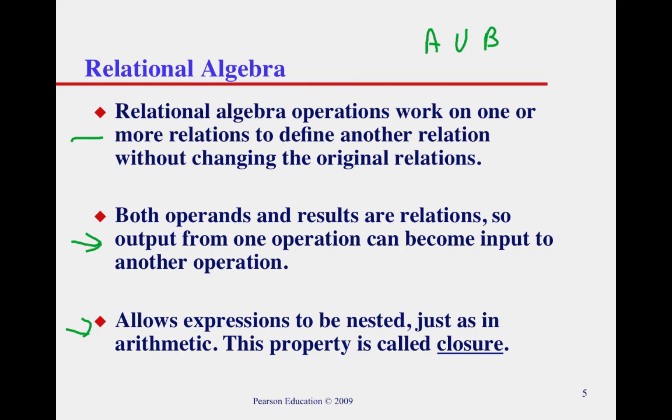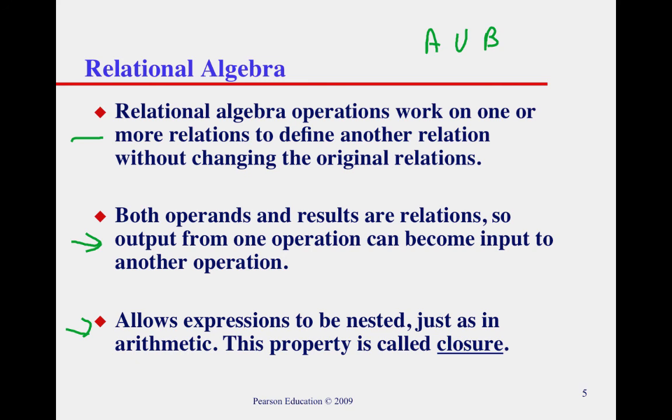And because each expression produces a relation, it's closed. You start with two relations, you perform an operation on them, it produces a relation, therefore it's closed under the set of operations provided by the relational algebra. And relational algebra is relationally complete. It can be mapped into the relational calculus.